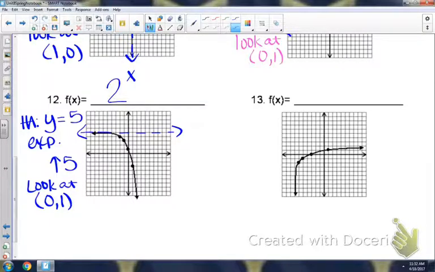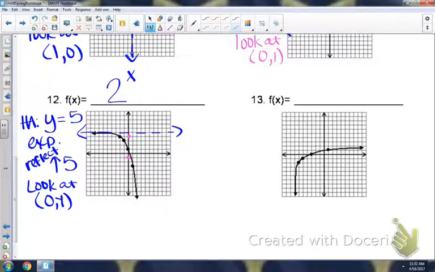Now, the thing is, you have to also look at your reflection. Notice from left to right that it's decreasing, so it was reflected. Which means that would change your 0, 1 point to 0, -1, because you're changing the sign. So we would need to plot our 0, -1 point, which is here. We know it's going up 5, 1, 2, 3, 4, 5, which would be here.